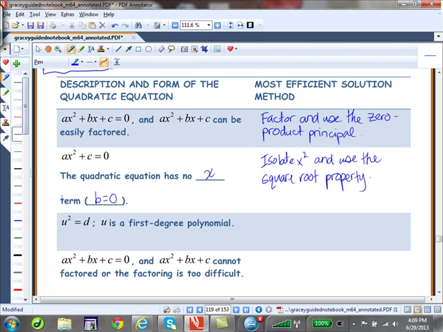Again, next one, if you have a situation u squared equals d where u is an algebraic expression, u is a first degree polynomial, meaning it's linear, like x minus 1 or 2x plus 3, something like that, then I would use the square root property again.